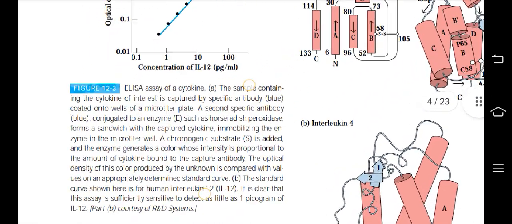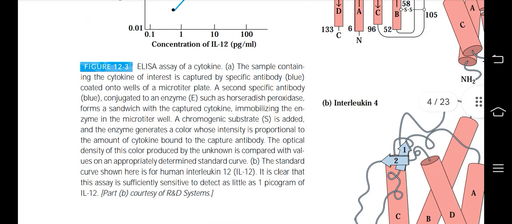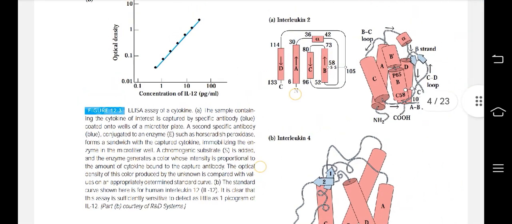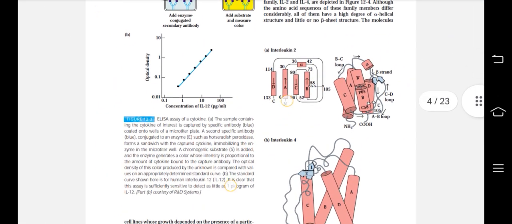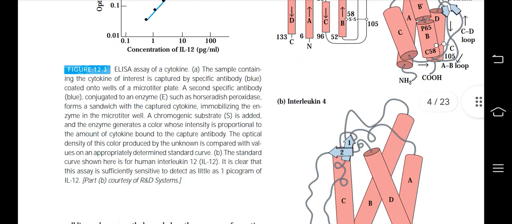Yeah, let's read this. ELISA assay of a cytokine. The sample containing the cytokine of interest is captured by specific antibody. That particular antibody is represented with this blue color. Okay. Then coated onto wells of a microtiter plate.